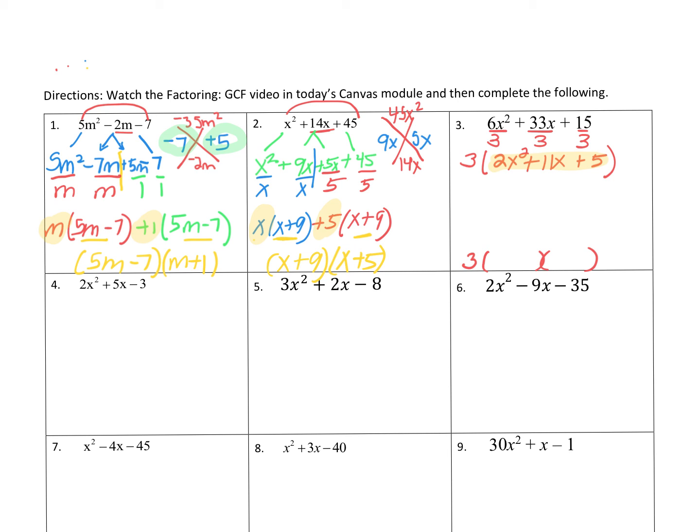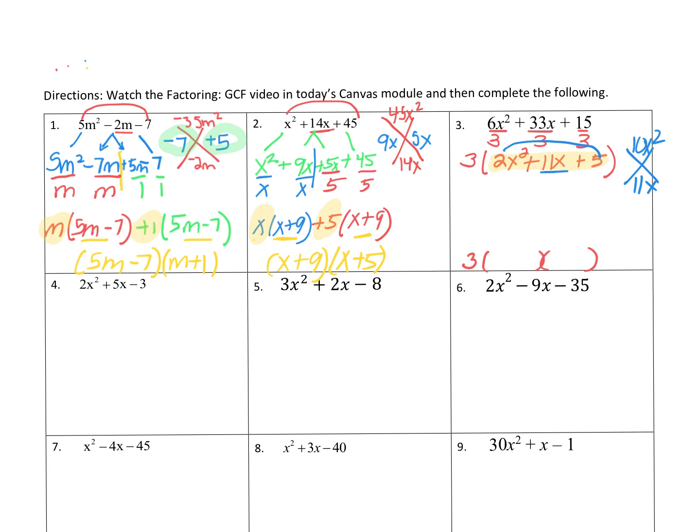And so now I'm going to look at multiplying the a times the c term, and that would give me 10x squared, and the middle term is 11x. We kind of luck out here with this one too. If we look at the factors of 10, that's either 1 and 10 or 2 and 5.